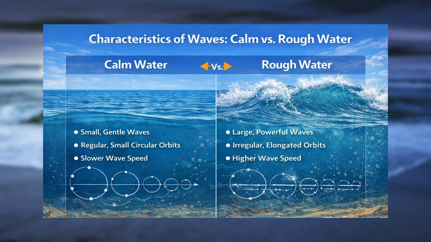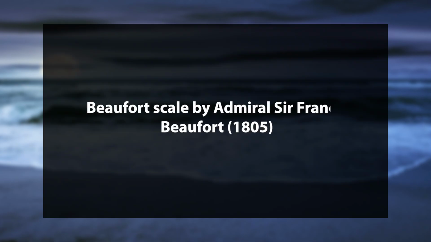Wind and waves are closely connected. When winds blow over the surface of the ocean, they transfer energy to the water, creating waves. To help sailors understand sea conditions, the Beaufort scale was created in 1805 by Admiral Sir Francis Beaufort. It classifies wind speed and the type of waves it produces.